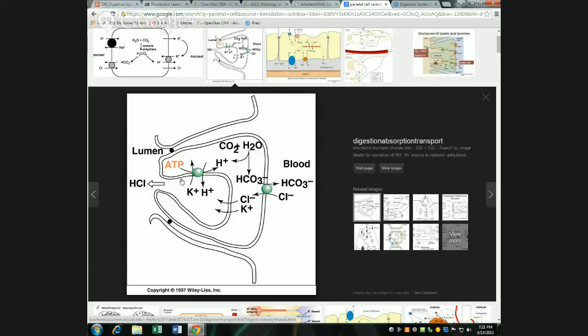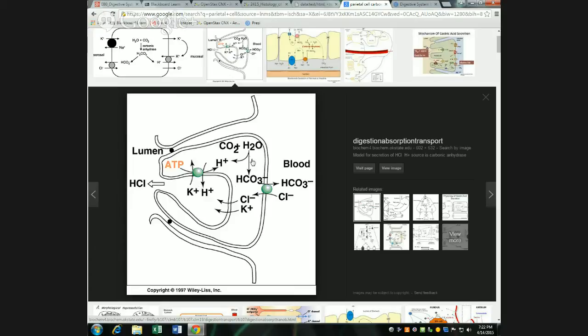Okay. So the potassium just gets turned around and reused. And so as the hydrogen ions are pumped out, the pH of the solution being pumped into, the lumen of the stomach, is going to go down as the concentration of hydrogen ions goes up.